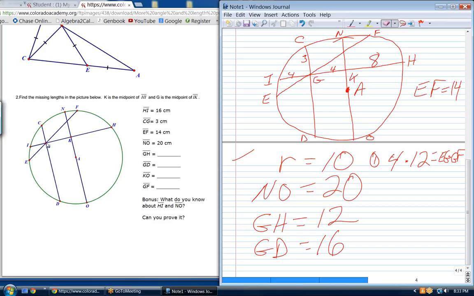I also know that EG times GF is equal to 3 times 16. It's also equal to 4 times 12. I still haven't solved for EG or GF individually.